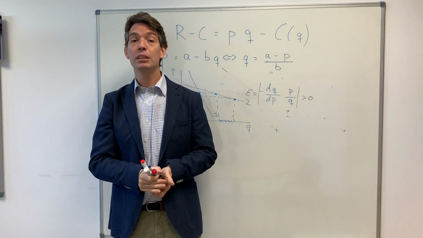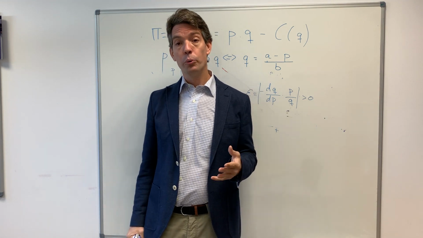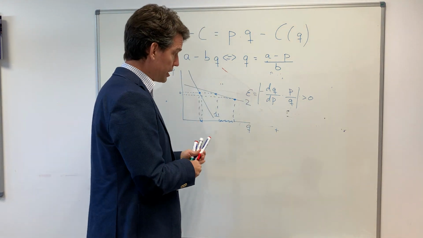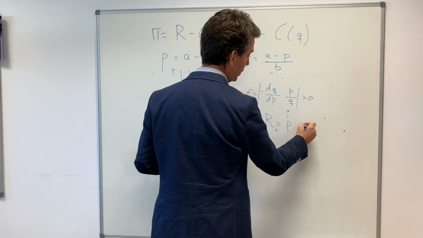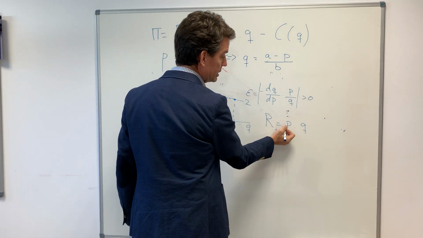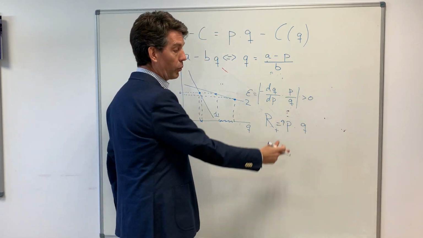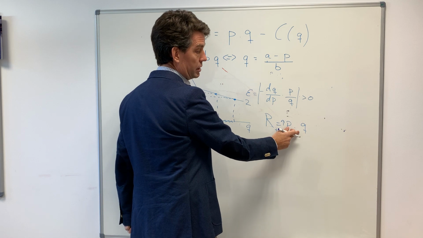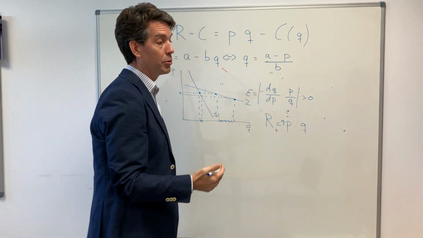And why is it particularly important whether it's more than 1 or less than 1? Well, because revenue is price times quantity. When you're raising the price by 1%, it's very important to see whether the quantity decreases by more than 1% or by less than 1%.